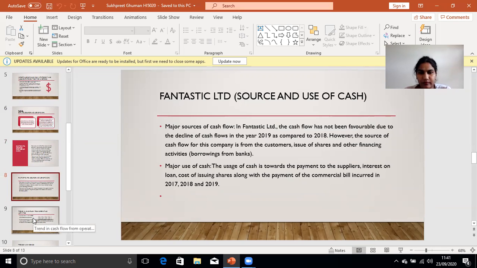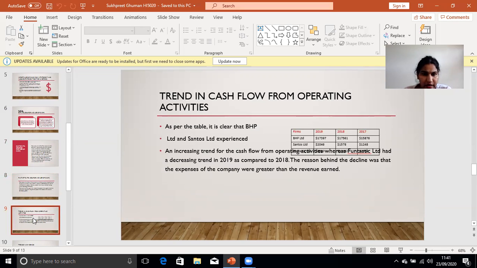The next slide will show about the trend in cash flow from the operating activities. As per the table, it is clear that BHP Limited and Santosh Limited experienced an increased trend for the cash flow from the operating activities, whereas Fantastic Limited had a decreased trend in 2019 as compared to 2018.